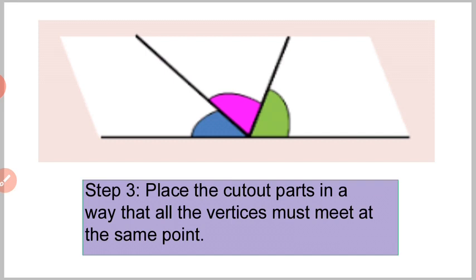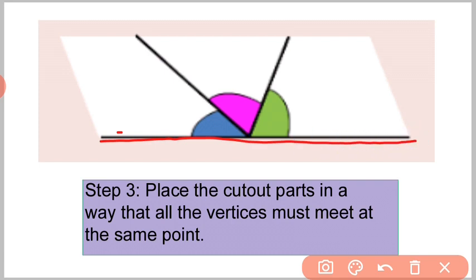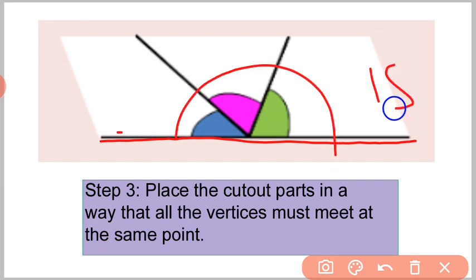Here we see that all these vertices when joined together form a line, means all three angles are forming a line. That is, they are lying on a straight line, and we know the angle formed by a straight line is 180 degree.